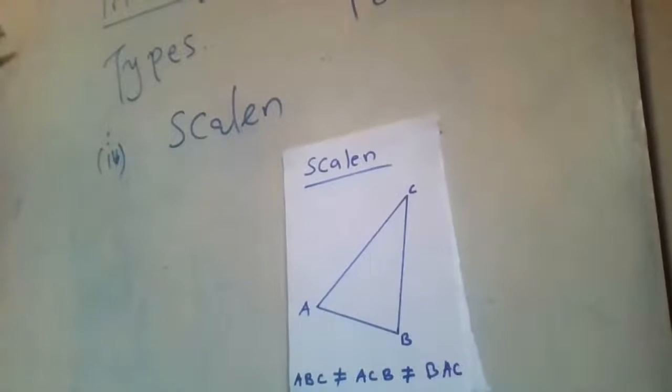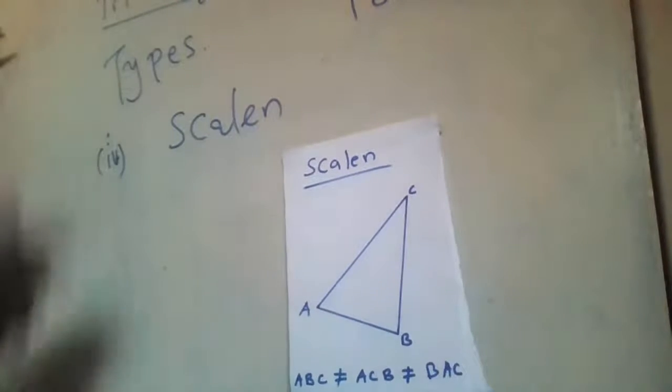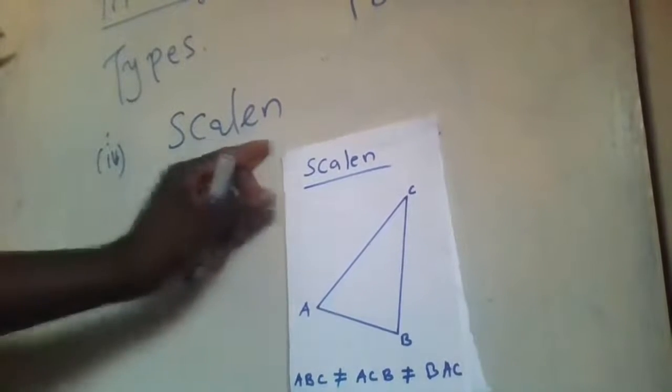You can have more than that, you can have less than 90, but the truth of the matter is that all the angles are different. And I'm sure this is the easiest triangle to draw, isn't it? Because you can just close your eyes and put three dots on the paper, join them, and of course you can get that. All right.